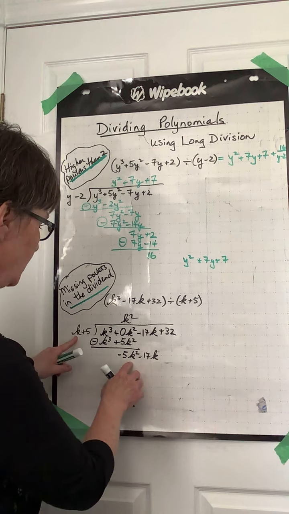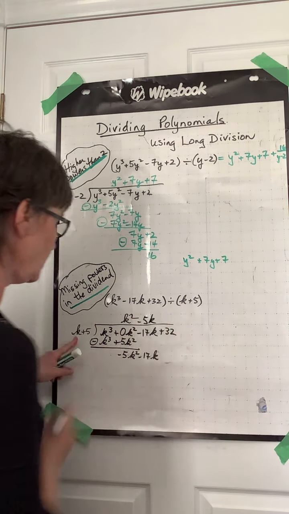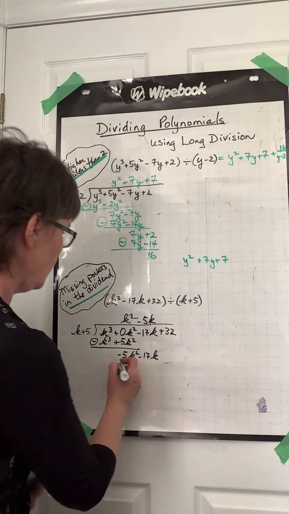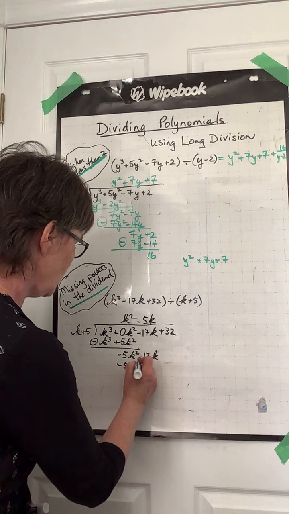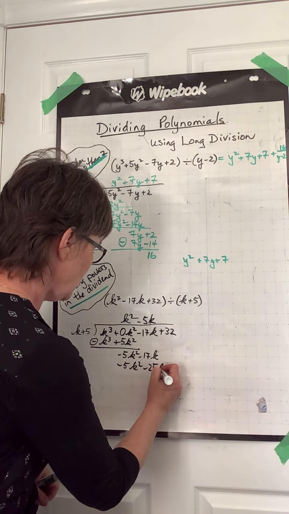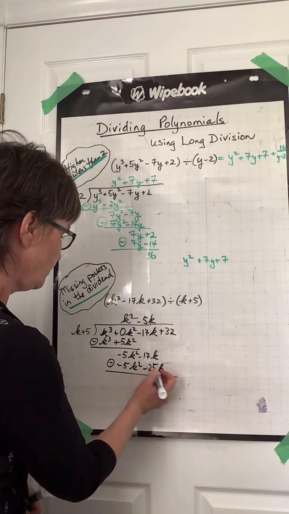So k into negative 5k squared is subtract 5k, negative 5k. All right, multiply this by here, negative 5k squared. And here, subtract 25k. We're subtracting, that equals 0.